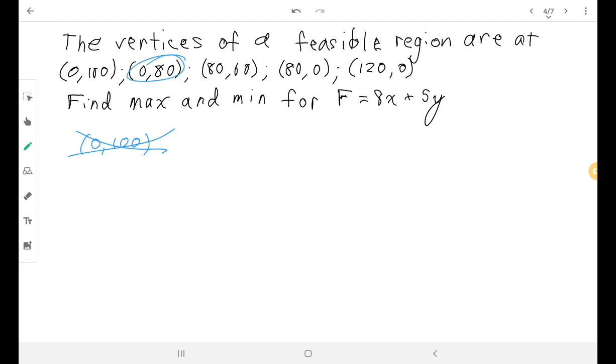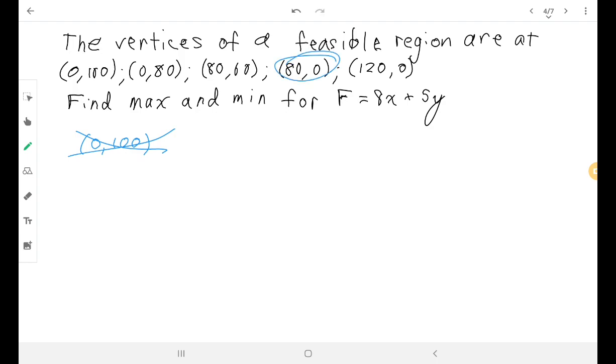And look at these two. Certainly, this one will come out smaller than this one, because if I'm multiplying by 80 here, instead of multiplying by 80 there, it's going to be bigger.